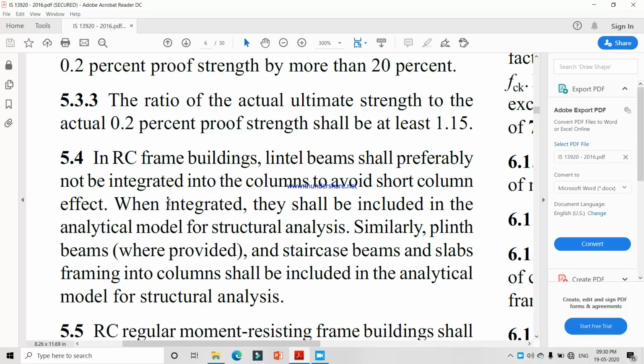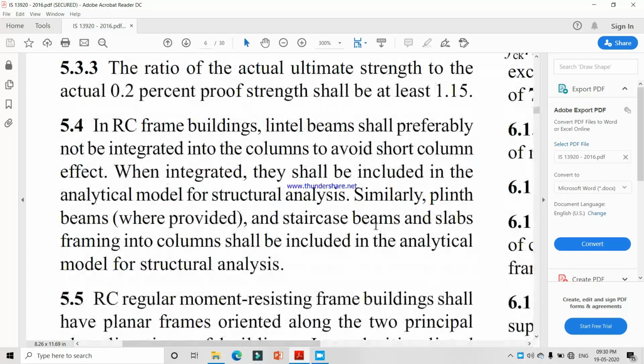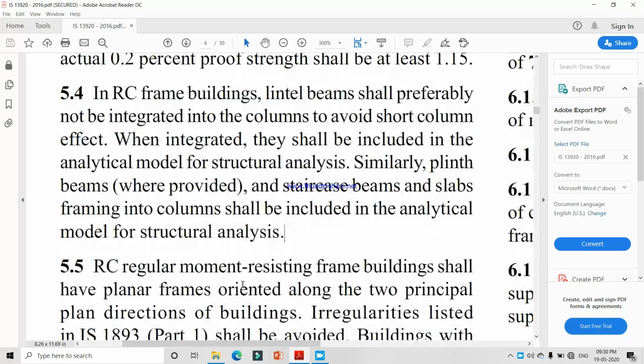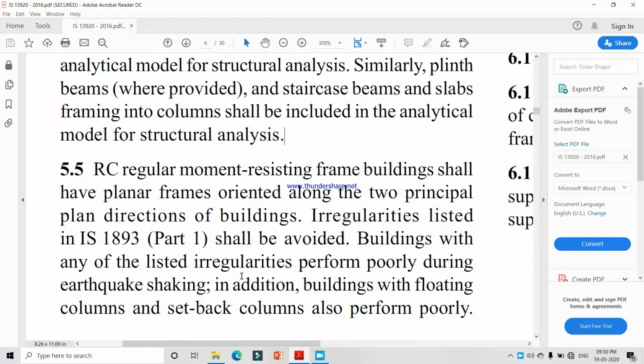If we want to integrate it, that means the lintel beam entering into the column, we have to include it in the analysis model. Similarly, plinth beam, staircase and slab included in the column, we have to include in the model while we are doing analysis and design of the building.